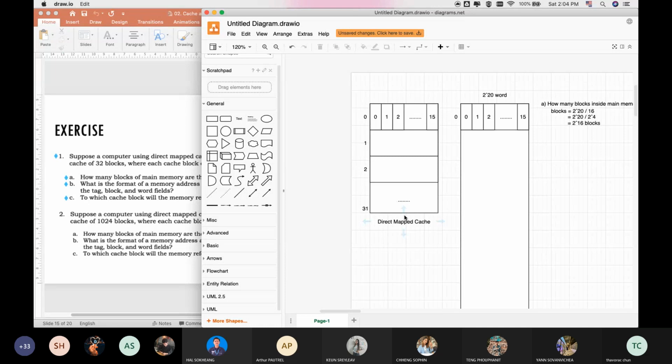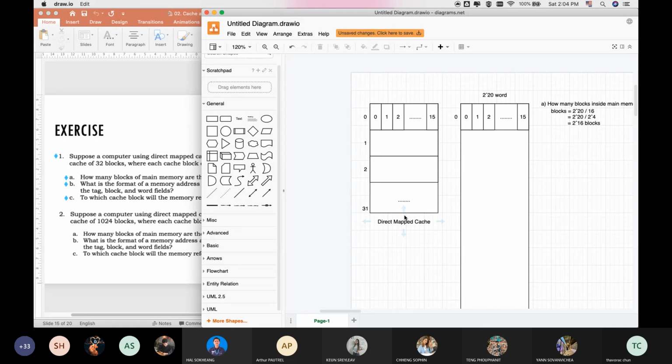What it has is the memory address. If the data is inside the cache, how do we locate it? We need to convert it into a format which is the same as the cache architecture. But if the data is not inside the cache but inside the RAM, it needs to be converted into another format which represents the data inside the memory.